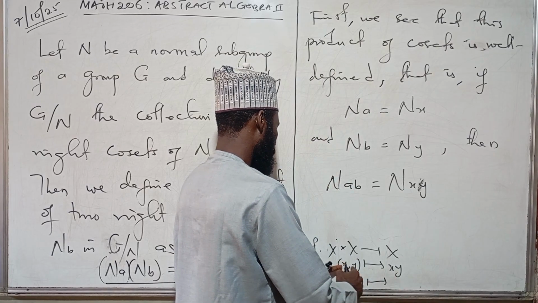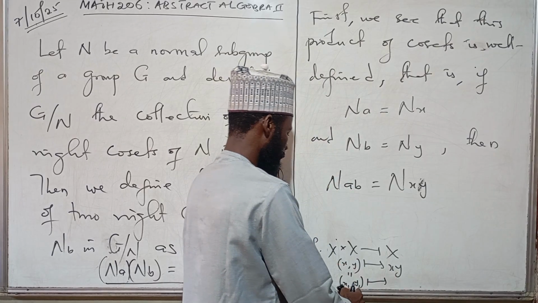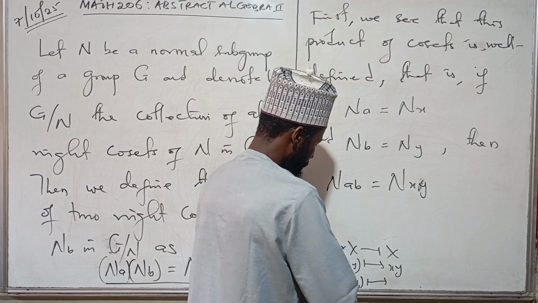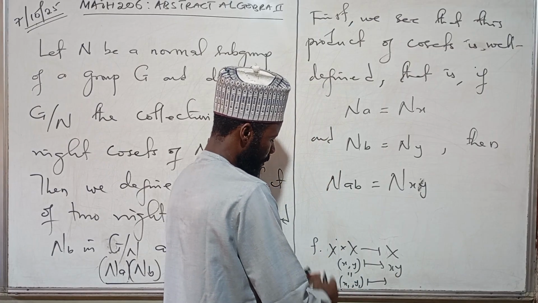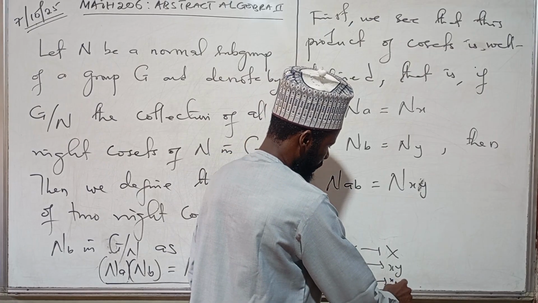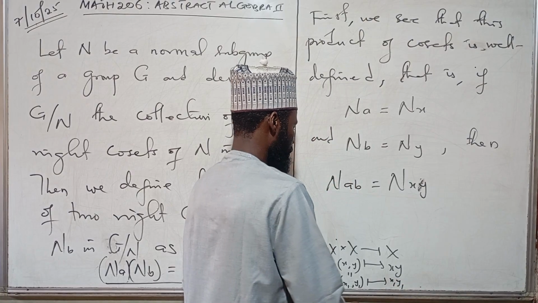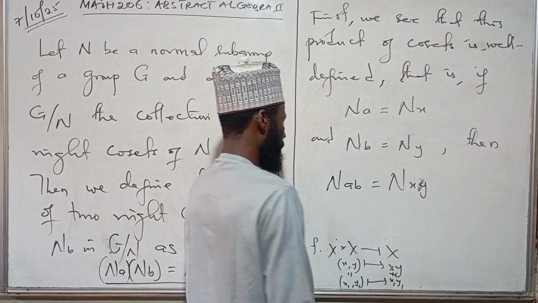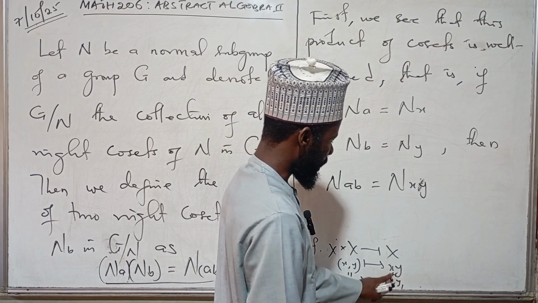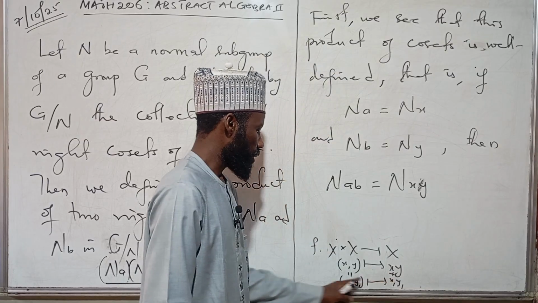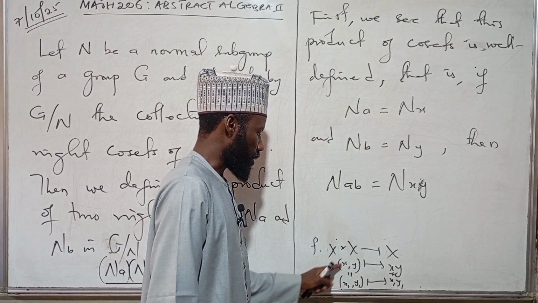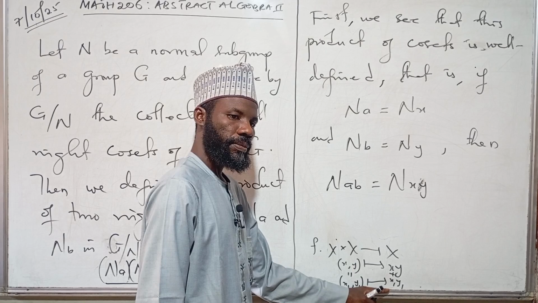So if (x, y) is equal to (x1, y1), then the binary operation will send it to the same output. But if the two images are not the same, then a single element is mapping to two different images.